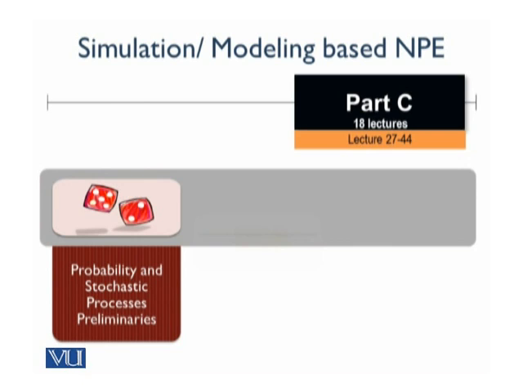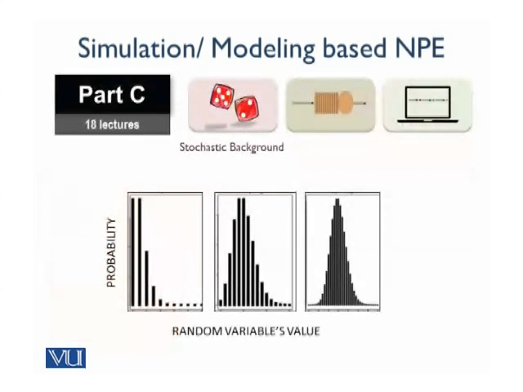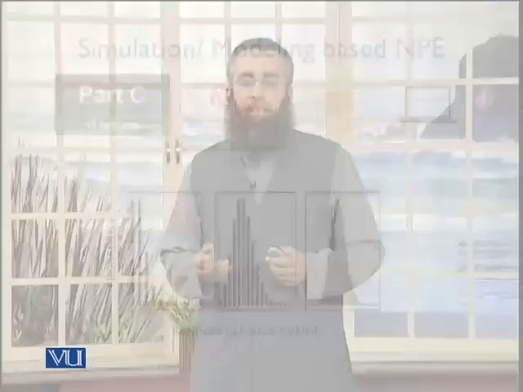So the first part, the part in which we talk of stochastic background, in this part we'd be covering important points regarding how we can use the concepts of probability, randomness and chance in understanding the performance of whatever system we're considering.